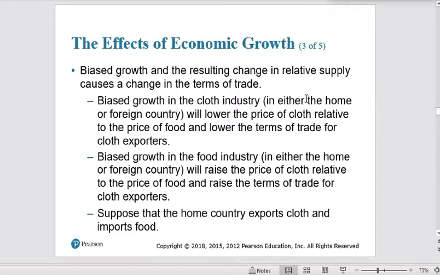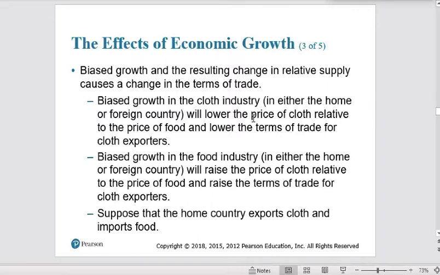So, think about this. The more clothes supplied to the market, the price of clothes will be lower, right? More supply of clothes, then there will be more clothes available in the market. The price, of course, will drop. It will be bad for clothes exporting.